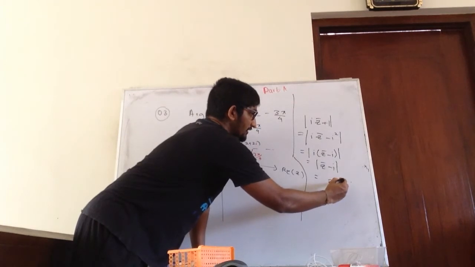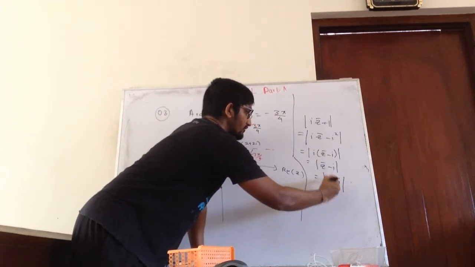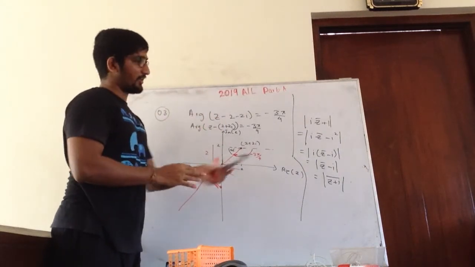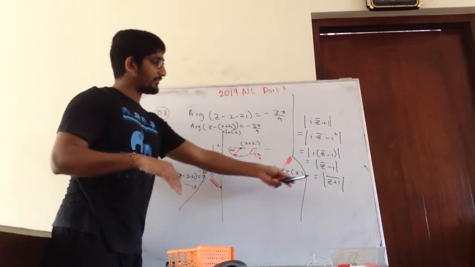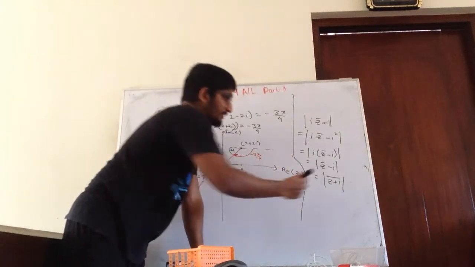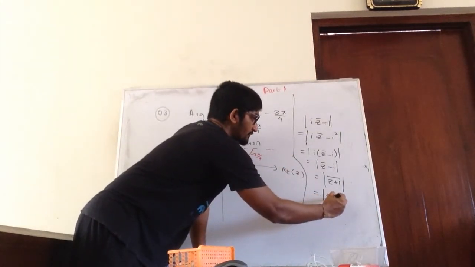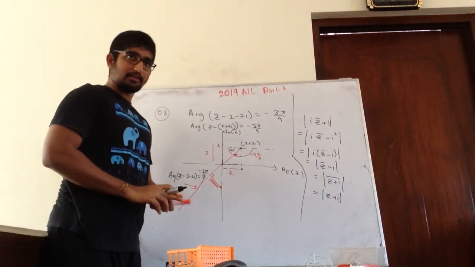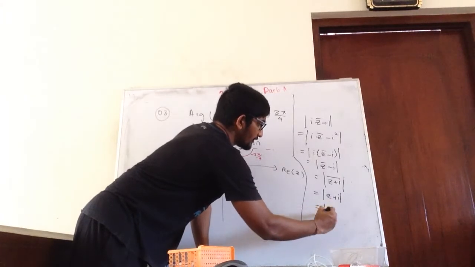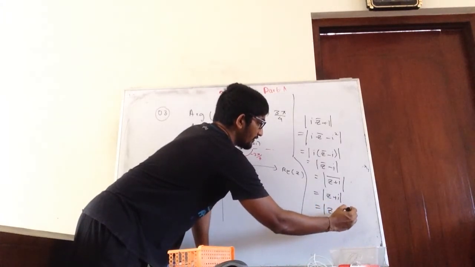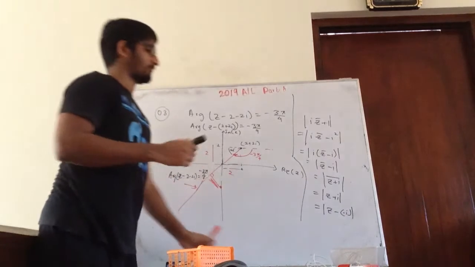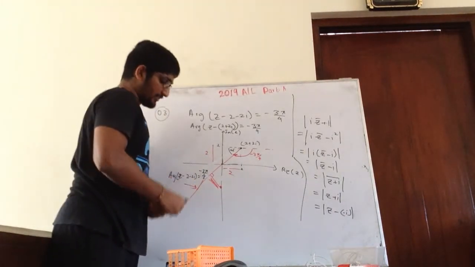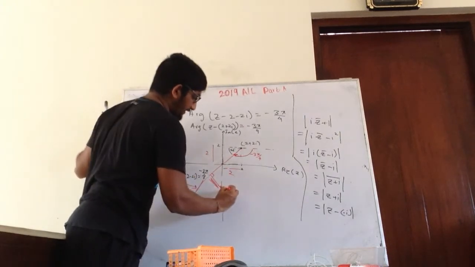That means modulus z plus i. Because of the properties of modulus and the bar, this is equal to this as well. So here this represents z minus i, so this is basically the minus i point.